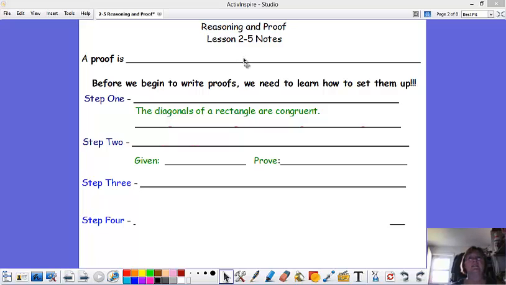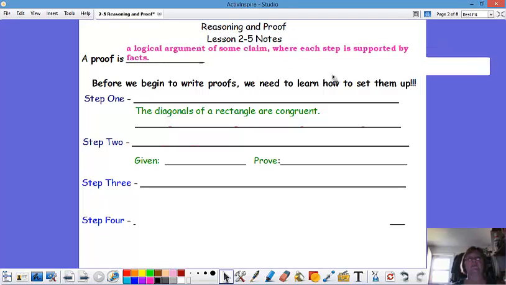To begin with, I'd like us to get a definition down for what a proof is. And you can see the definition that I've typed here. A proof is a logical argument of some claim where each step is supported by facts, and that is the truth.